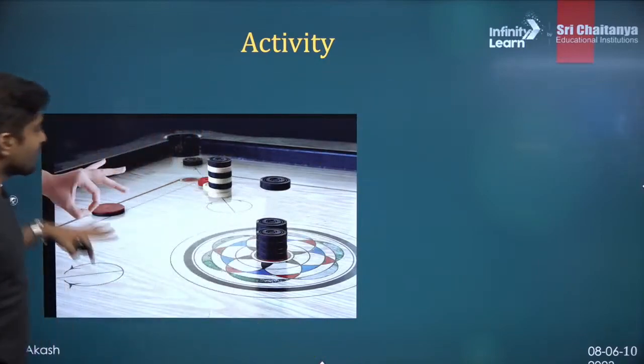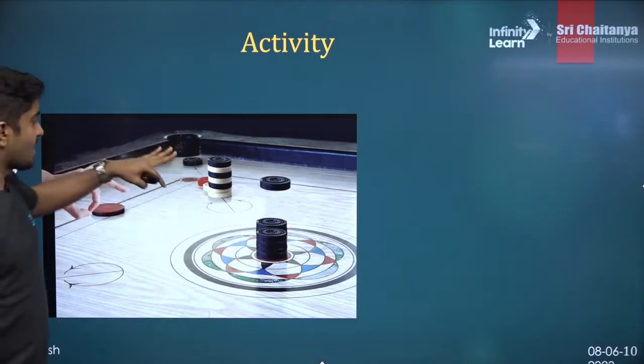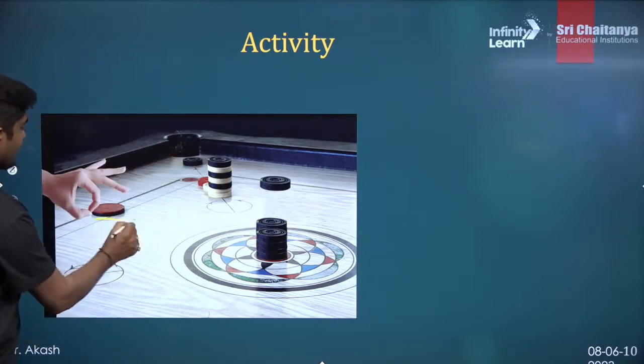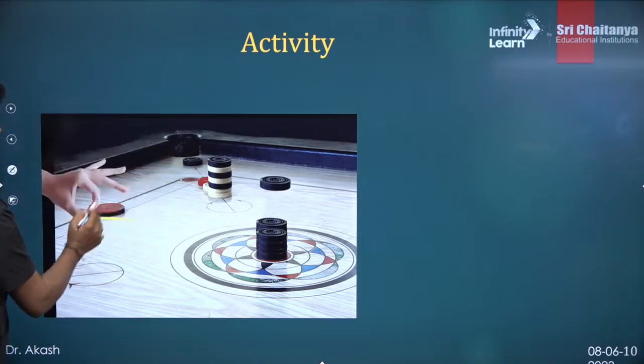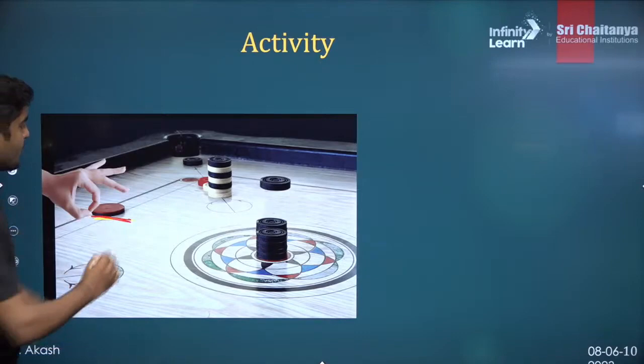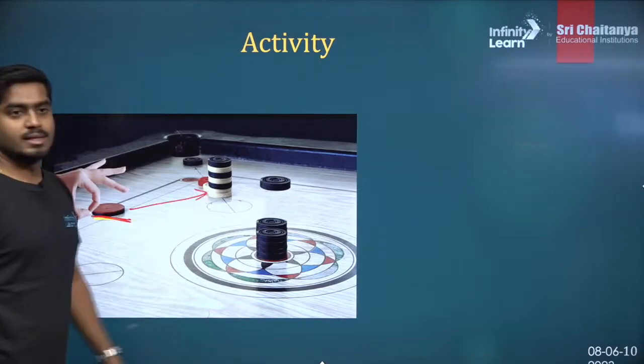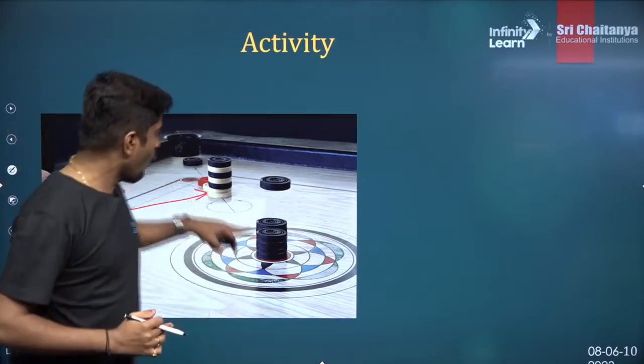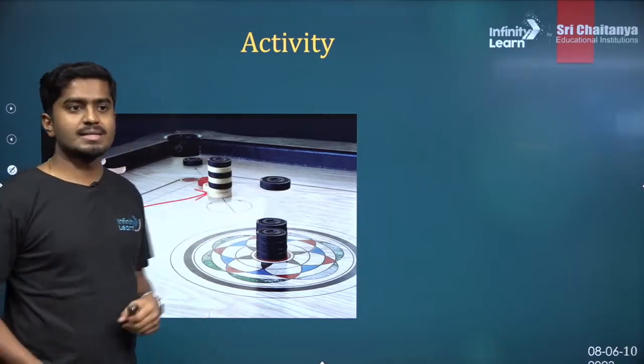Alright, so this is a very simple game which is called carom. So here there is a striker. If you hit the bottom coin very hard, only the bottom coin, what will happen? Can somebody tell me?